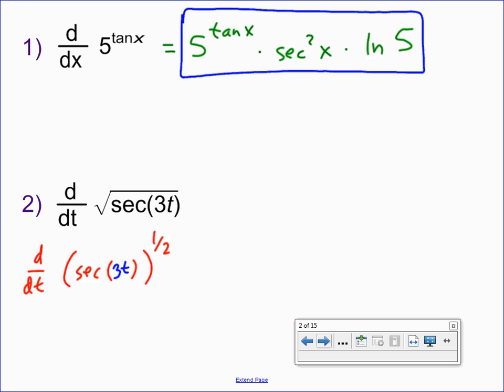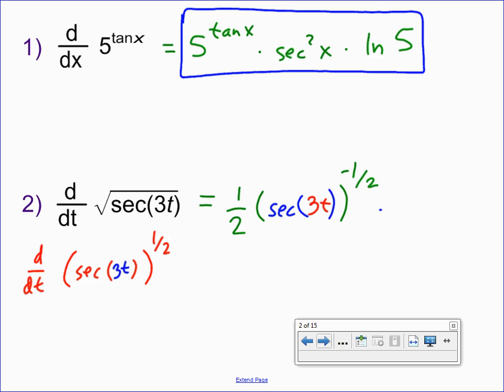The derivative of a power function is the exponent, the current exponent of 1/2, times the base raised to 1 less. 1 less than 1/2 would be negative 1/2. Awesome. Times the derivative of the base. Well, my base in this case was secant of 3t. So now I'll go ahead and do the derivative of the base, which is the derivative of secant 3t. So I've got 2 more links to go.